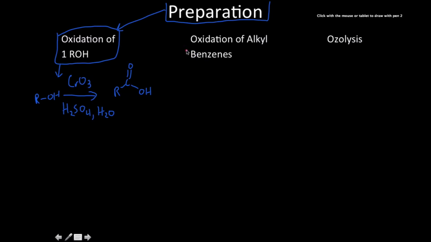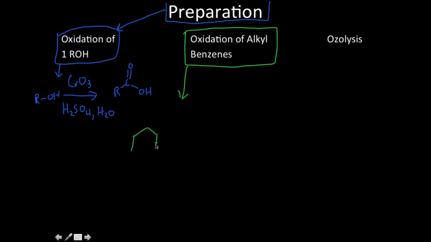Now, let's talk about oxidation of alkyl benzenes. They have a generalized mechanism like this, where I'm just going to use a methyl group as an example, but just know that it could work with any alkyl group.